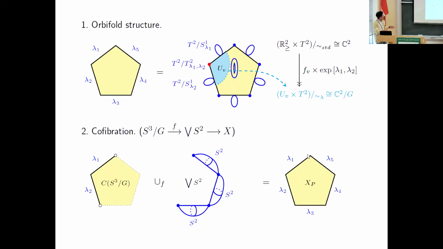Because there's a sphere modulo finite group, and this entire picture can be realized as a mapping cone of this attachment. So I have a sphere modulo finite group and a wedge of two spheres, and there's a map from here to here, and then my toric variety X_P can be understood as the mapping cone of this map. So there's a cofibration structure.